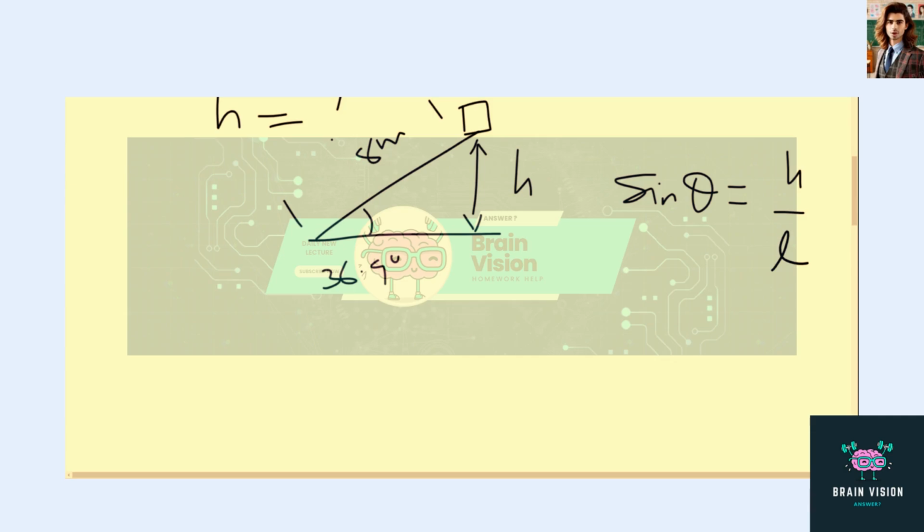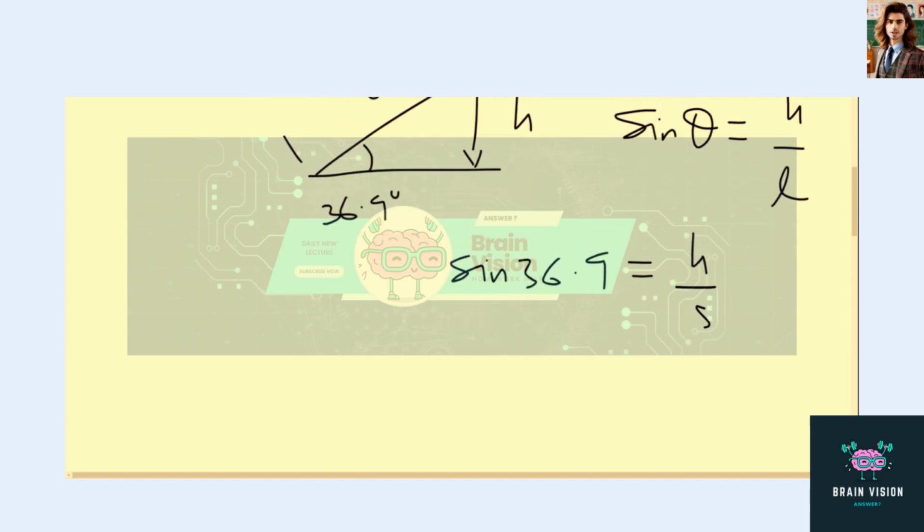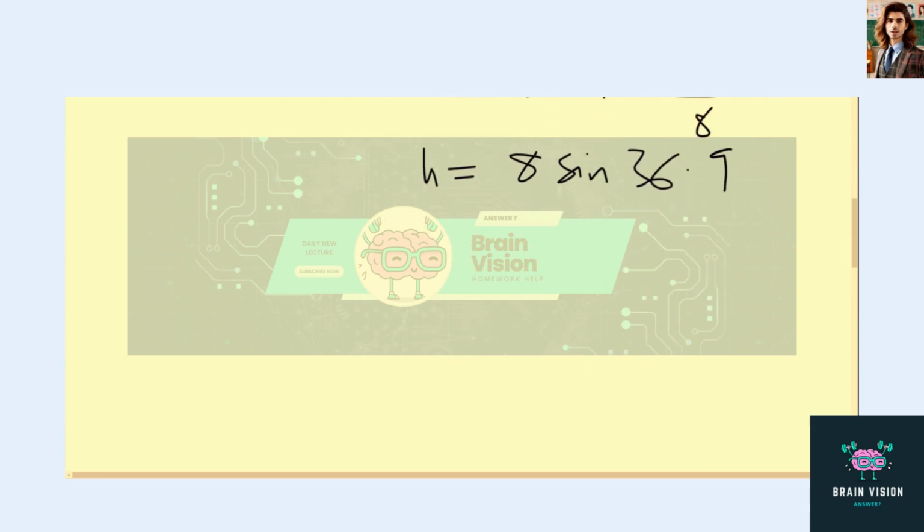All right. So we say that sine 36.9 is equal to h divided by the length of the ramp, which is 8. So we can say that h is equal to 8 sine 36.9. So this is what we're going to use inside our equation for the height.